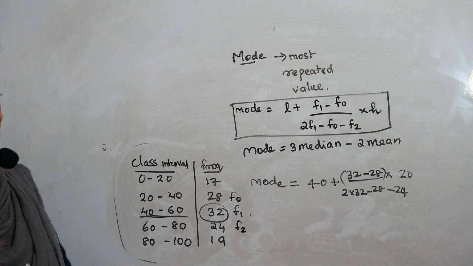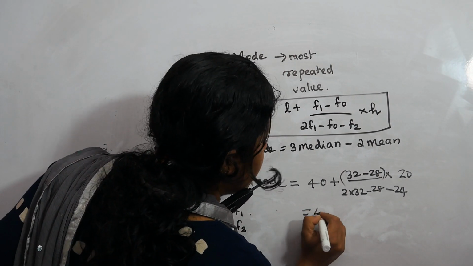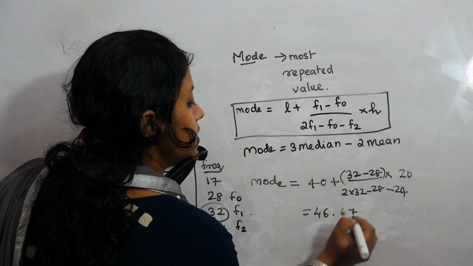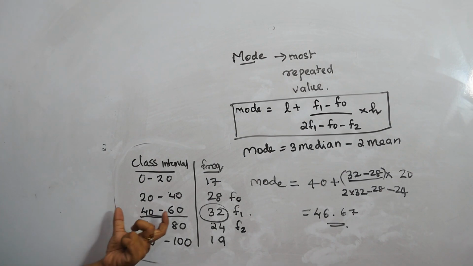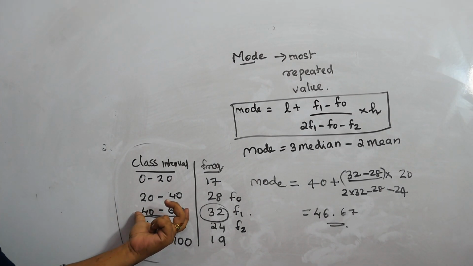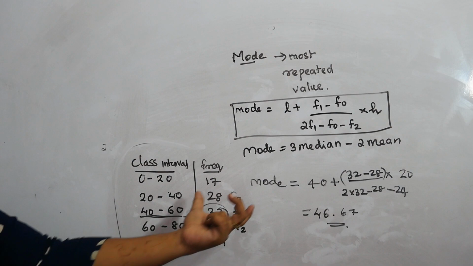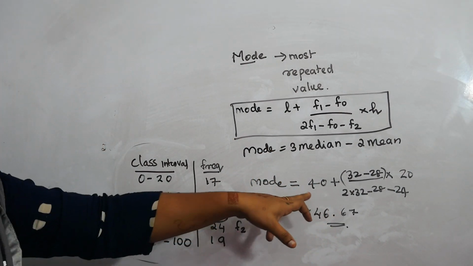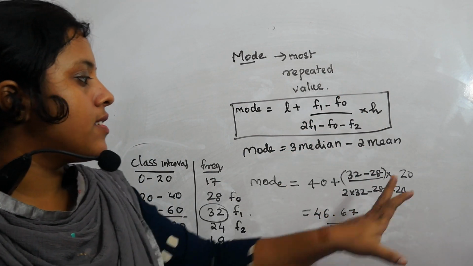You'll be getting the answer as 46.67. That is coming in the mode class, right? Very easy. Just identify the mode class, then substitute in each of these terms.